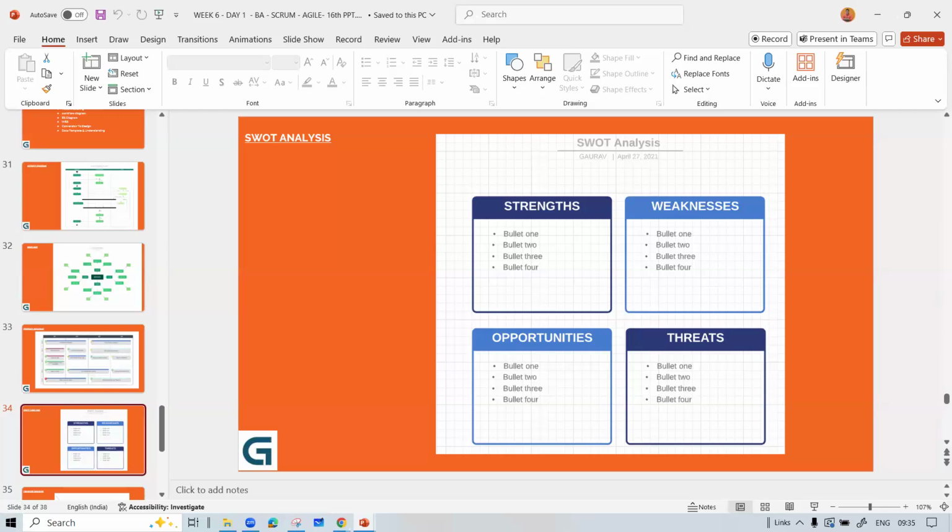Only if you identify the strengths and weaknesses within your application can you grow or improve the application, right? How can you improve the application? Can you go deeper?